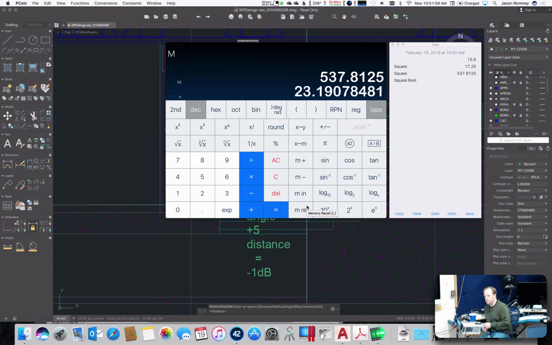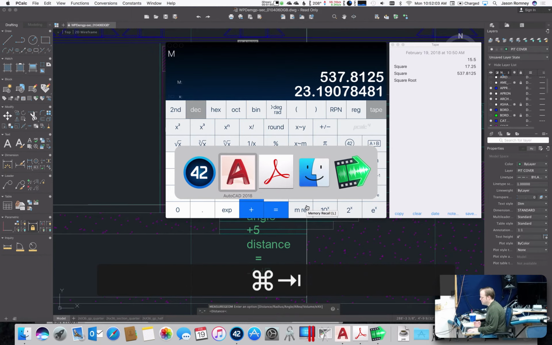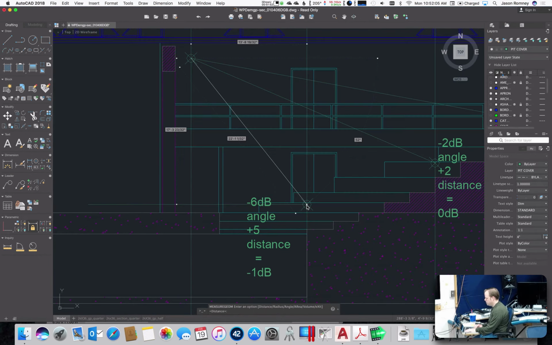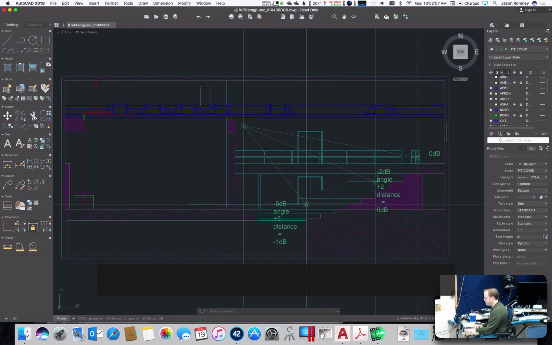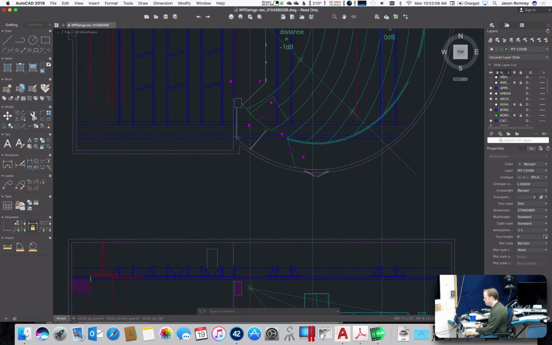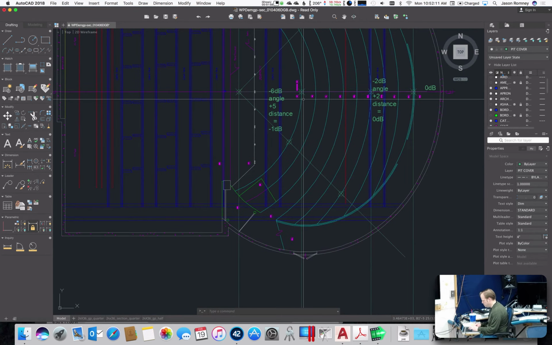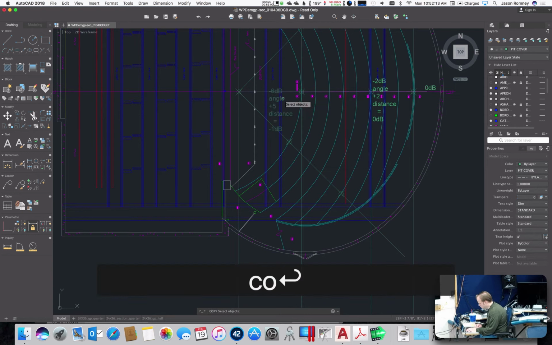What's the dB difference? It's not going to be a lot, but so half a dB. Certainly not much to get horribly worked up about. So let's just go ahead and make a note of that.